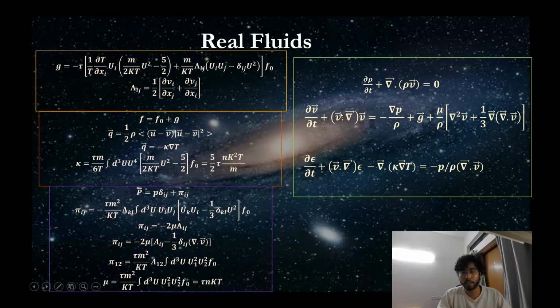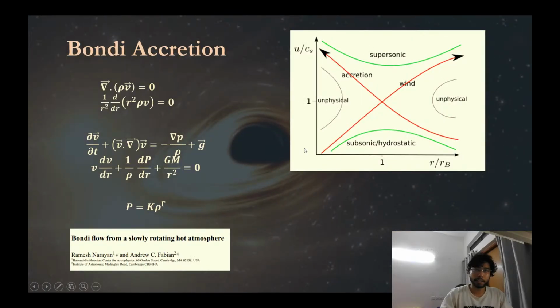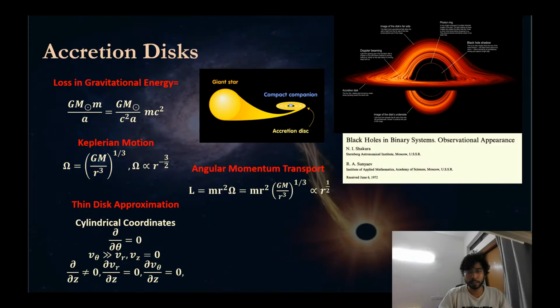So v phi or v theta is basically the angular momentum, and the change in angular momentum is caused by this viscous force. This directly comes from this equation. We'll see later in detail by solving that equation explicitly next week, but I was just pointing out phenomenologically how this happens.